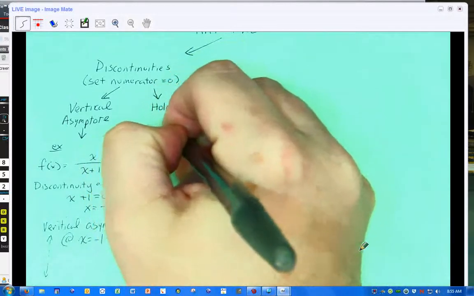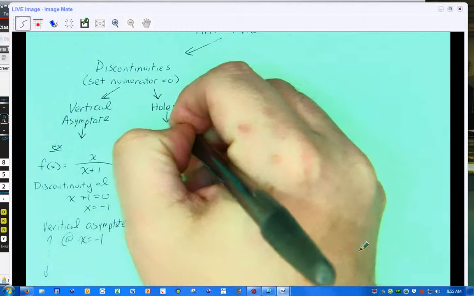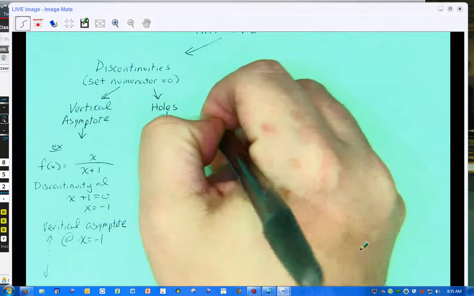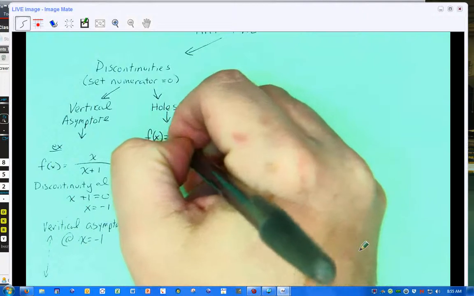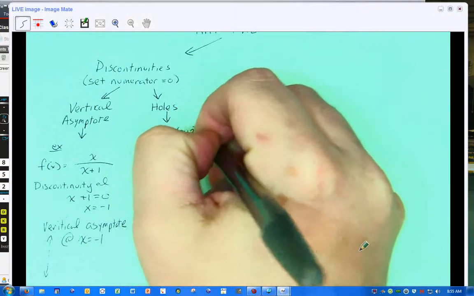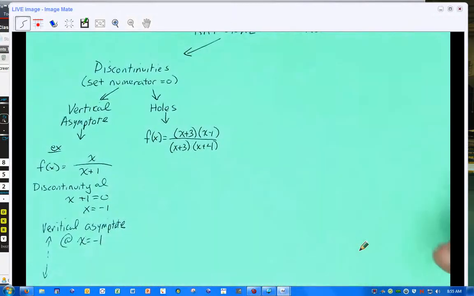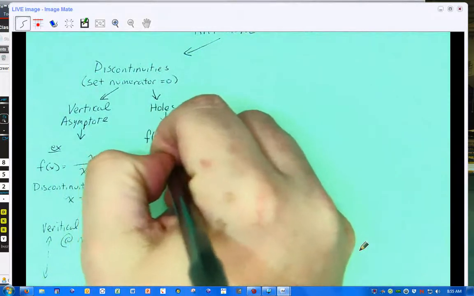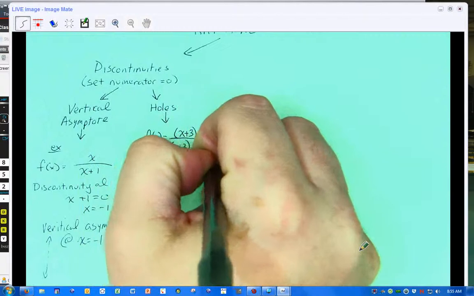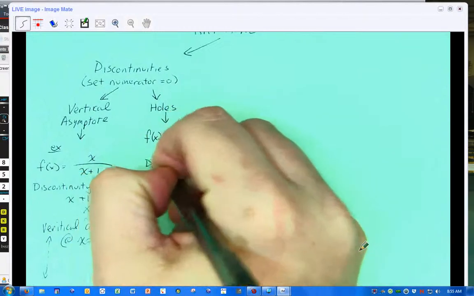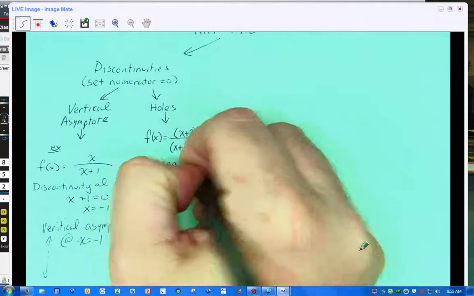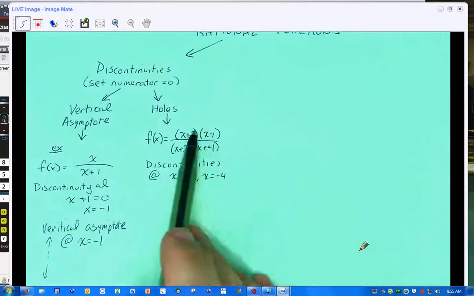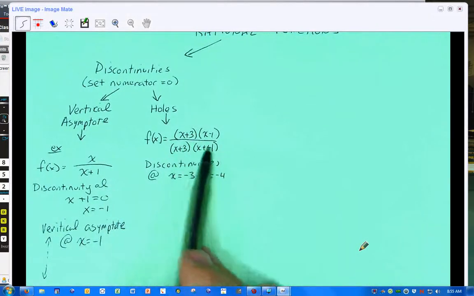Now with holes, it's a totally different story. Say after you factor everything, you get x plus 3 and x minus 1 on top, and in the bottom you have x plus 3 and x plus 4. Now, you have discontinuities at x equals negative 3 and x equals negative 4, because that would make both of these factors equal to 0.